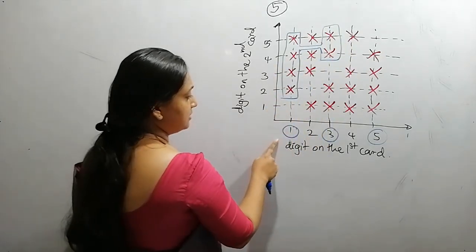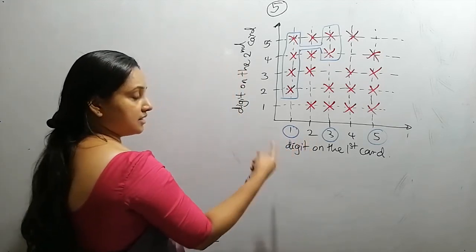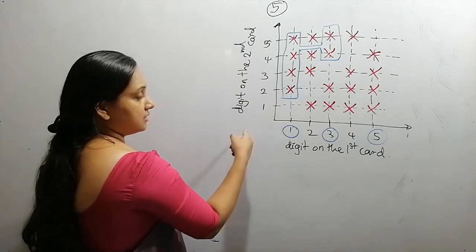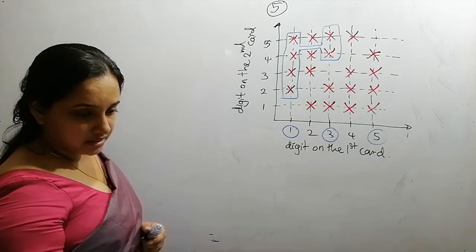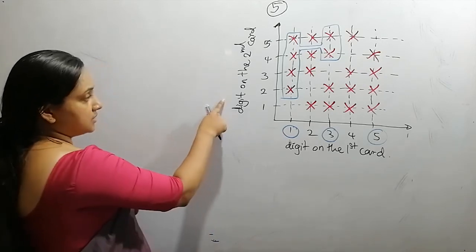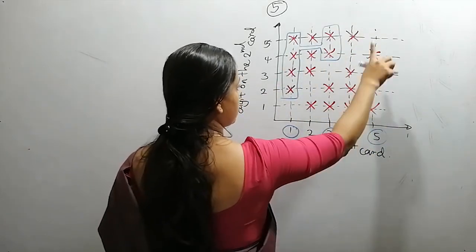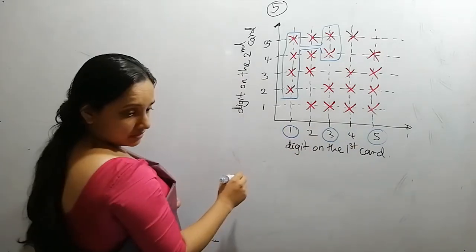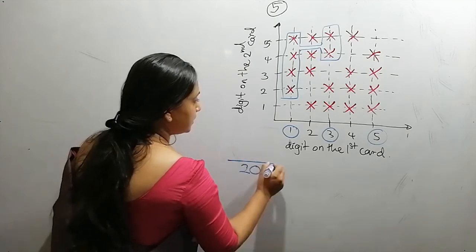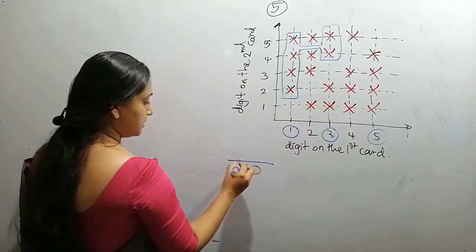If the first number is an odd number and the second number is greater than the first number, or the first number is less than the second number, then we have to get the probability. For the second number, the total sample space is 20. The number of cross marks is 20.